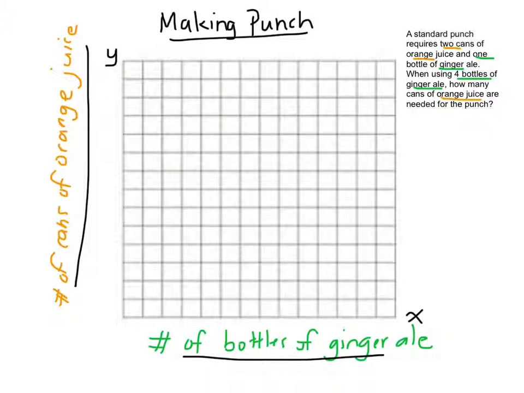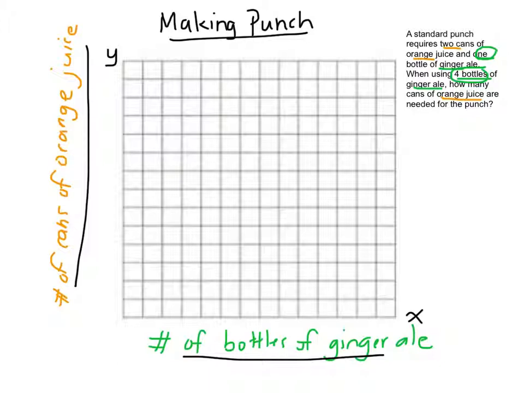Well, since we've chosen to represent ginger ale on our x-axis, let's see what values we're working with. We know that we have 1 bottle of ginger ale to represent on this graph, and we also need to represent 4 bottles of ginger ale somewhere on the graph. So we need to figure out a scale that shows 1 bottle all the way up to 4 bottles. What do you think would be a good scale?